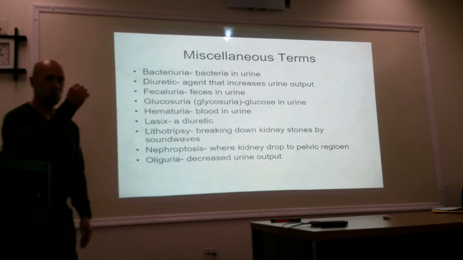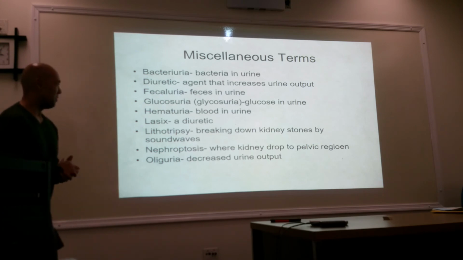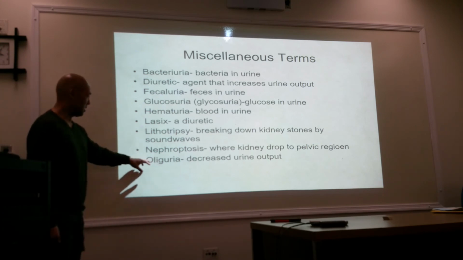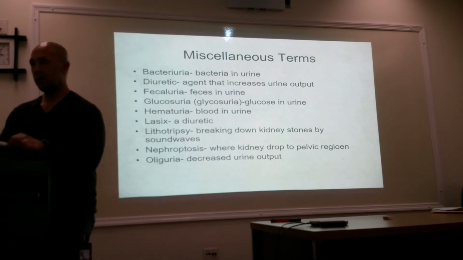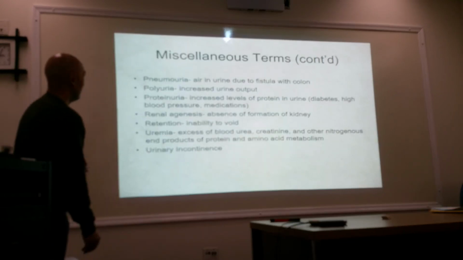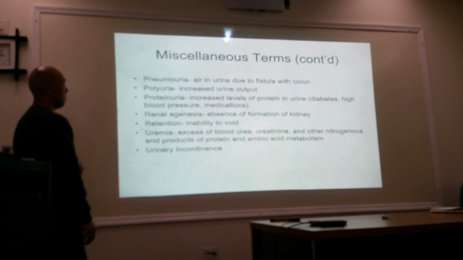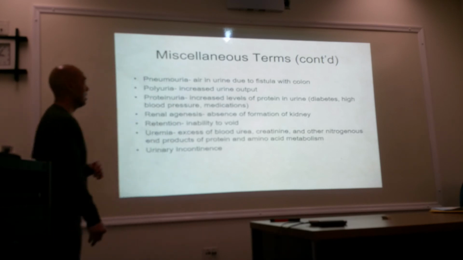Nephroptosis is a drooping of the kidneys and can cause a twisting of the ureters. Oliguria is decreased urine output. Pneumouria is air in the urine due to a fistula with the colon. So you're farting out your urethra.